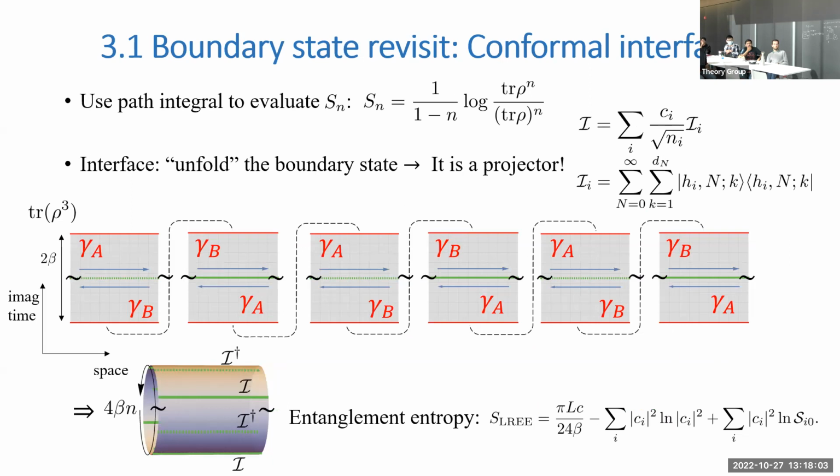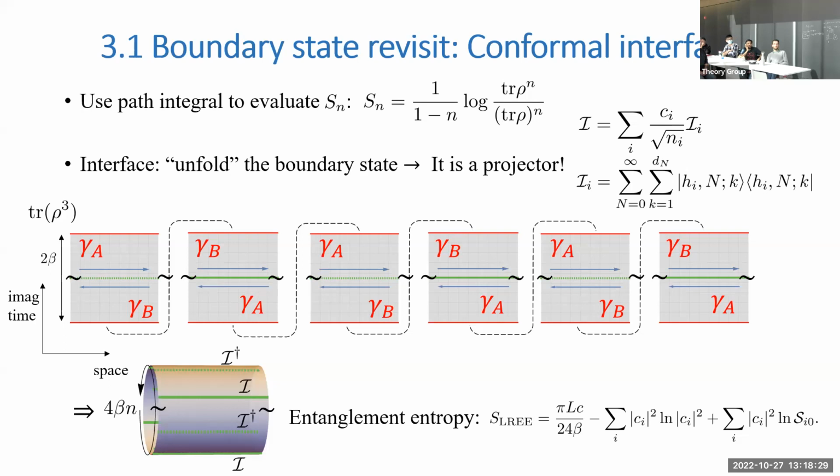Suppose we unfold that, we will only have the chiral copies of the theory. And then we follow the rules of the replica trick to glue them together, which means that eventually we will need to evaluate a partition function on the torus with the possible conformal interface in the middle.